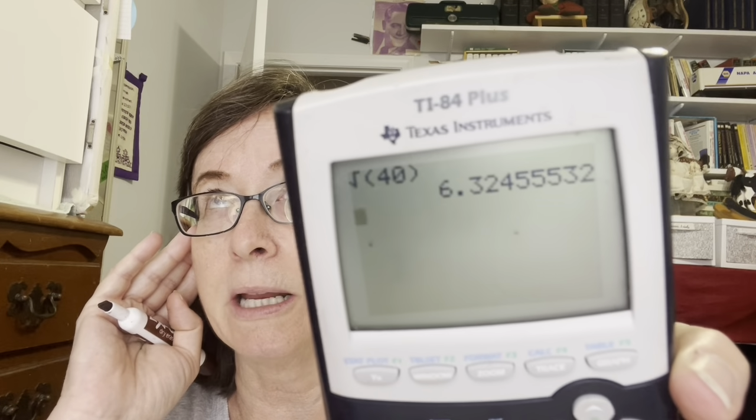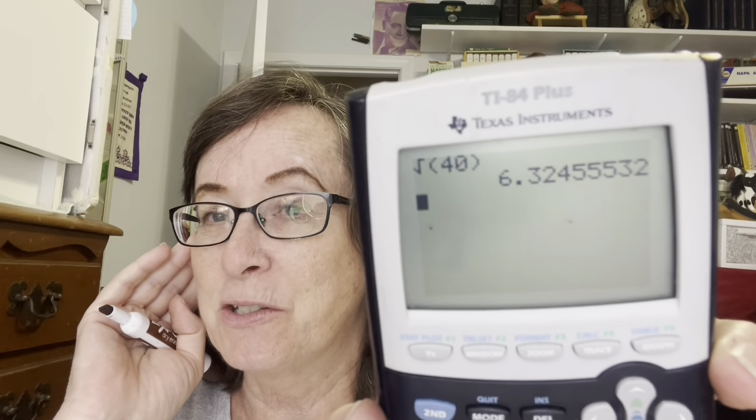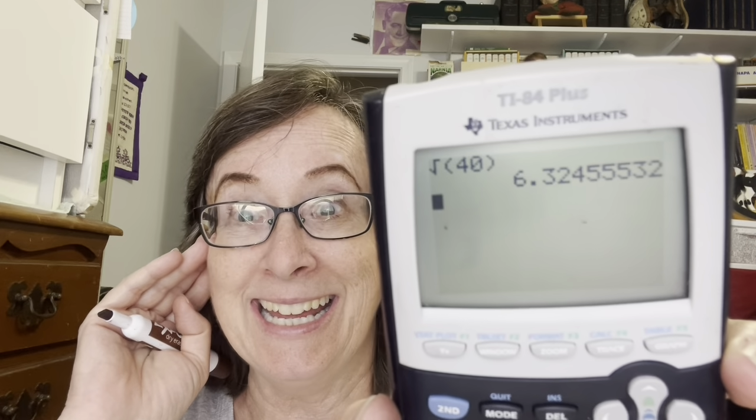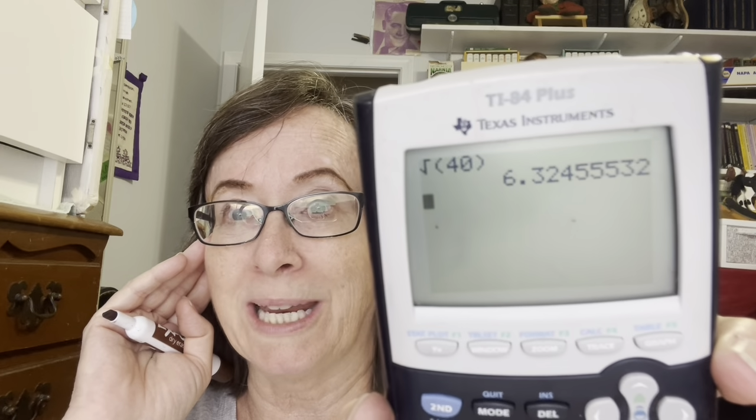And look at that, square root of 40. Now let's think about square root of 40. Remember, square root of 36 is 6. So square root of 40 should be a little bit bigger than 6, shouldn't it? And it is. Okay, the square root of 49 is 7. All right, so 6.324. Since 4 is less than 5, we're going to round down. We're going to have 6.32.